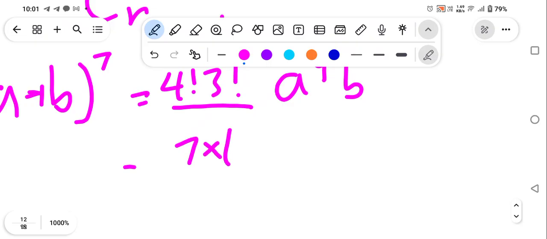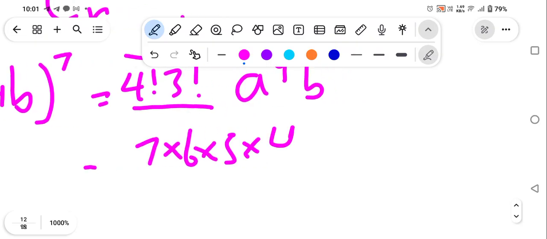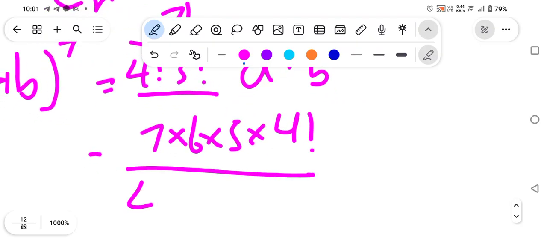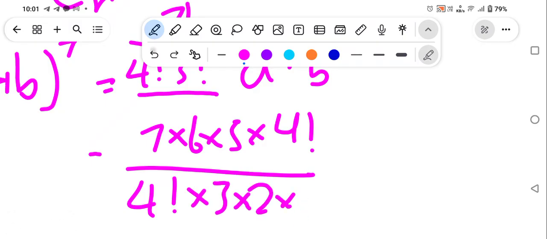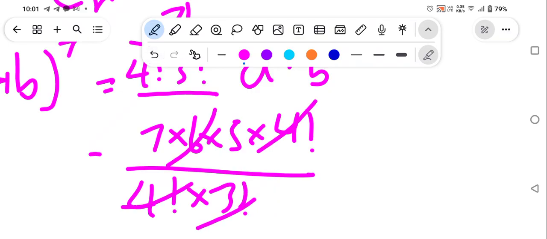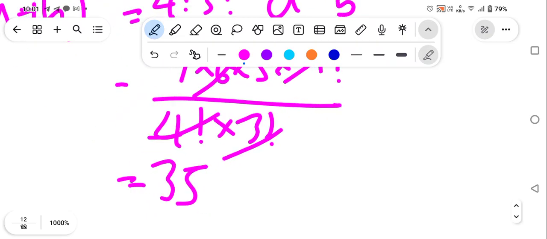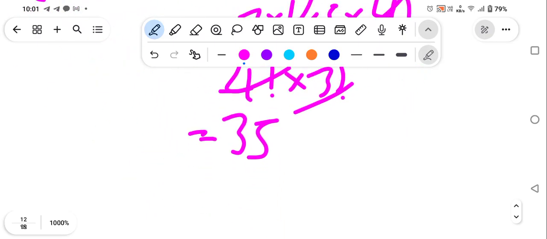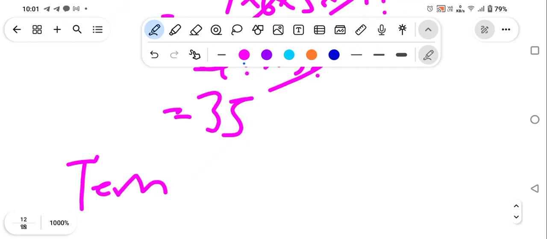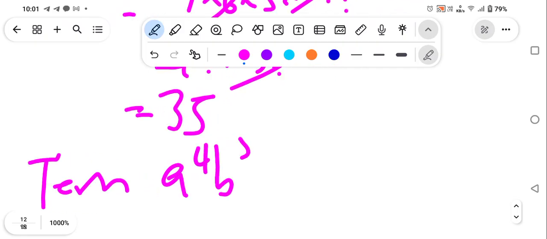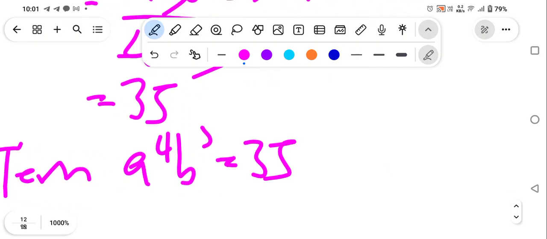We have 7 times 6 times 5 times 4 factorial, over 4 factorial times 3 times 2 times 1. So this cancels out, this cancels out. So we have 35. So the coefficient of the term a power 4 b cubed is 35.